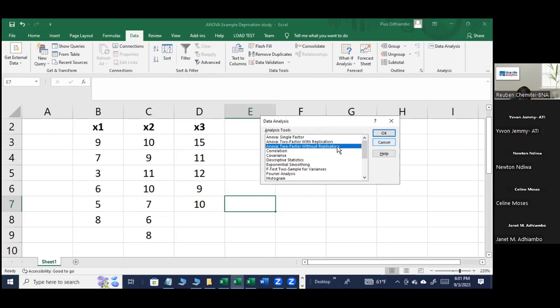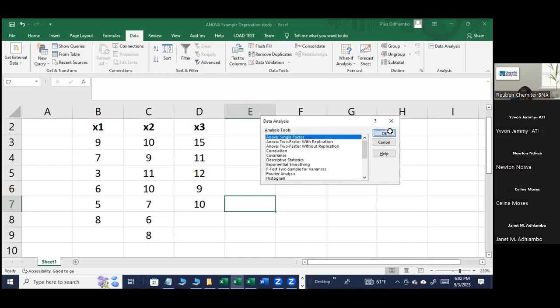We have correlation, just the way we did correlation. Remember, we are only analyzing one factor, and therefore we are going to use analysis of variance single factor. There are situations where you have two factors.